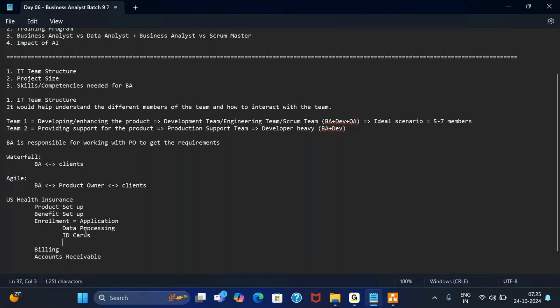Then, if a member's policy end date or cancel date is approaching, sending them renewal letters. If their birth dates are approaching, sending them birthday letters. So different types of letters are sent by the enrollment team, and that could be another smaller sub application. So one main big application can be a set of multiple smaller applications.